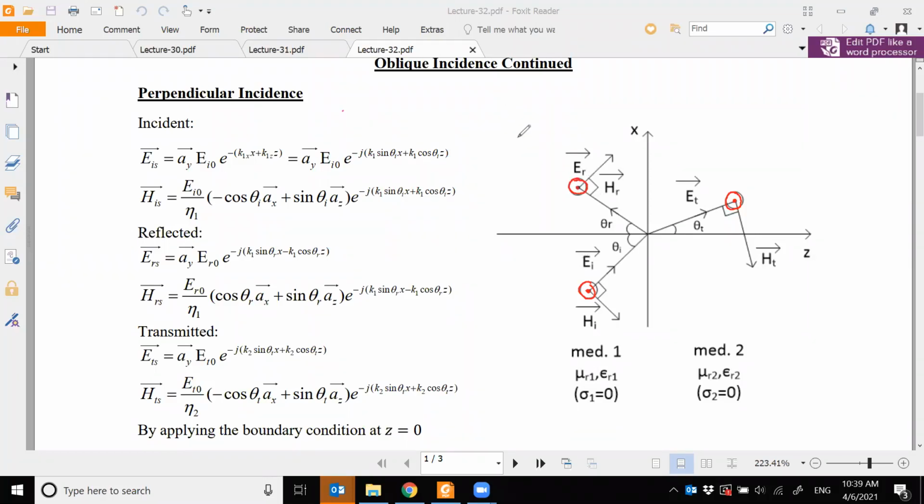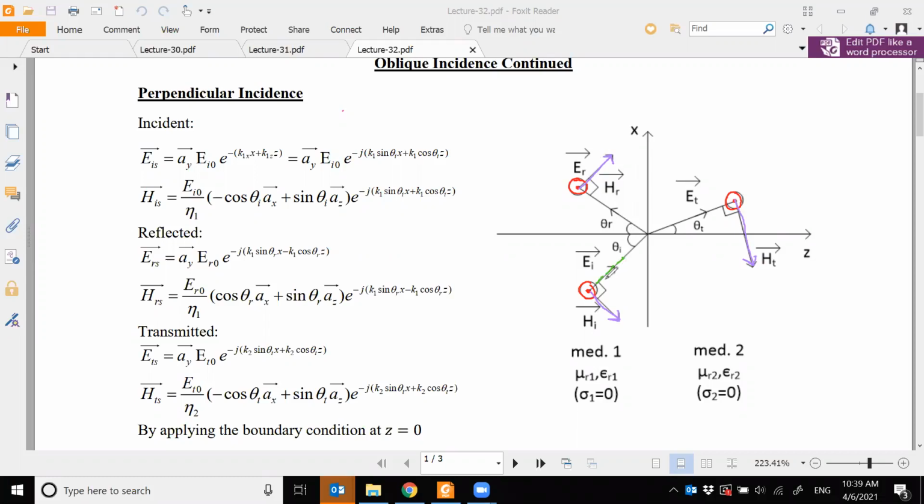And then this is my associated magnetic field: incident, reflected, transmitted. And what is my direction of propagation? The green one. This is my direction of propagation.